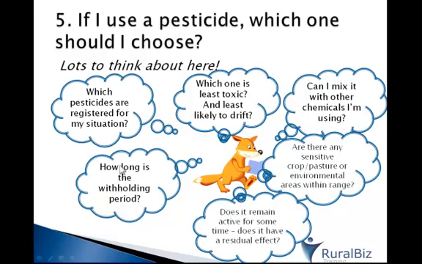You might be asking how long is the withholding period for this pesticide, remembering that you are not able to sell or often to harvest within the withholding period that's nominated for the pesticide. For livestock, we often talk about export slaughter intervals, which are simply withholding periods for livestock that are destined to be slaughtered for export.